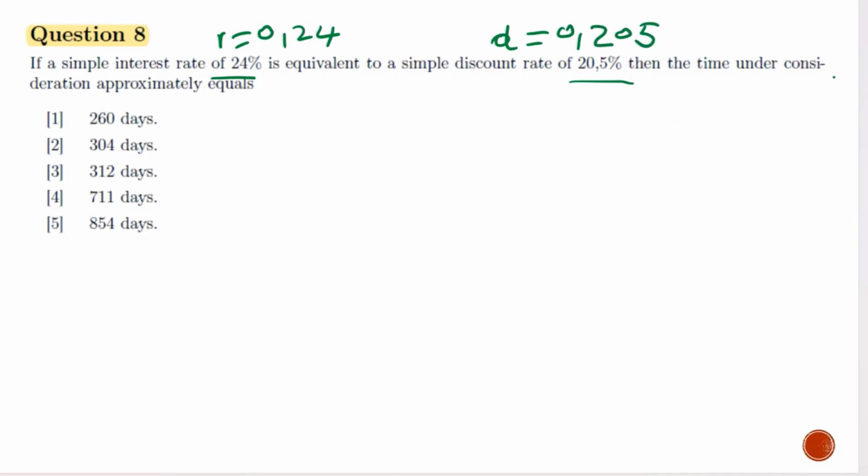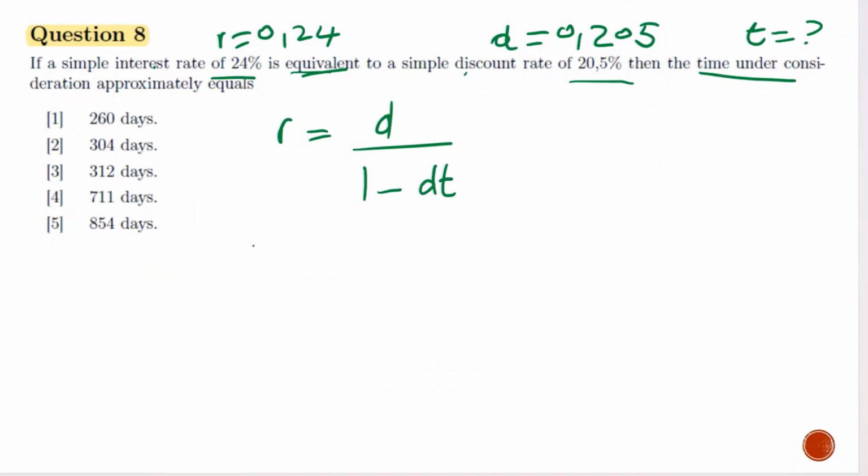Okay, then the time under consideration, you are asked to find time. So the minute you see equivalent, you've got interest rate and the simple discount, you know that you are going to need to use this formula, d over 1 minus dt. Okay, so you can just substitute.